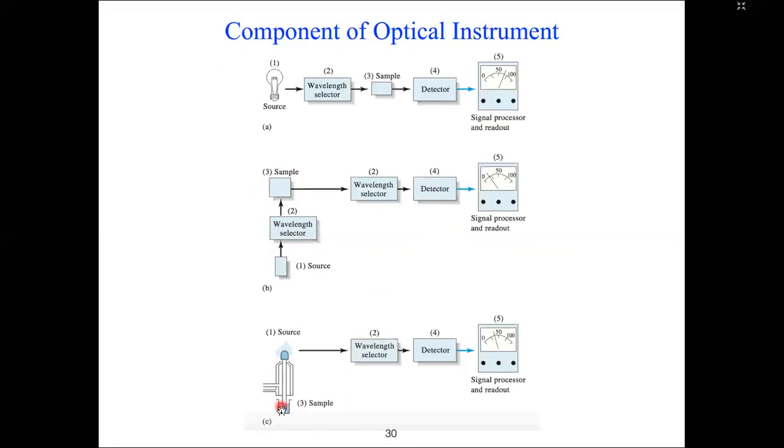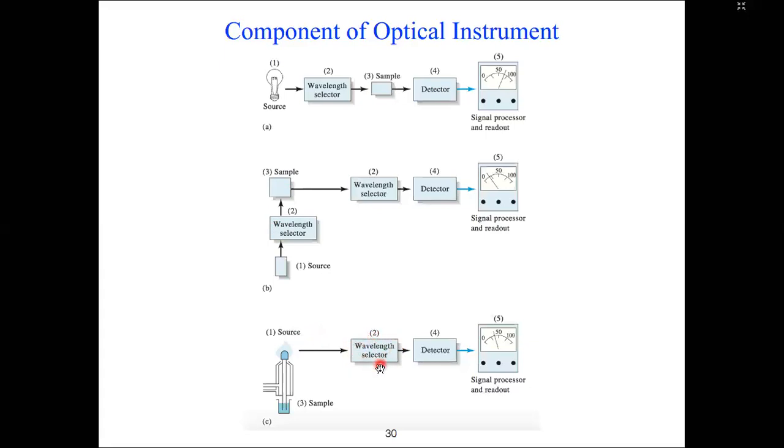So the third way is you have the sample in a container. Okay. Then the source is also within there. The source and sample are in the same container. Then there is the interaction already occurring. After there is an interaction, certain wavelength will be emitted. They are filtered or they are selected.